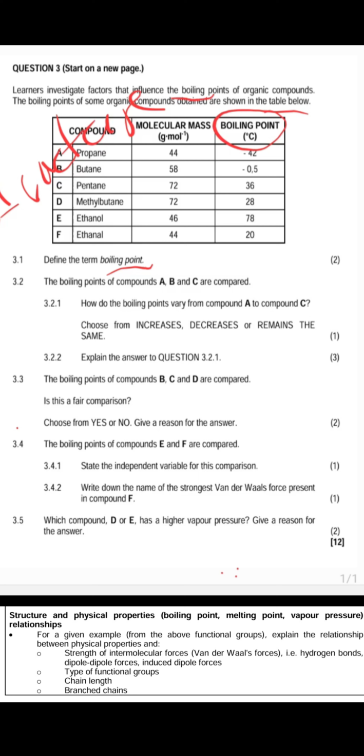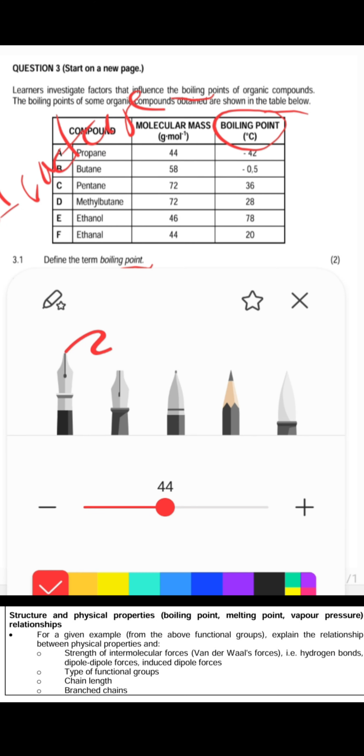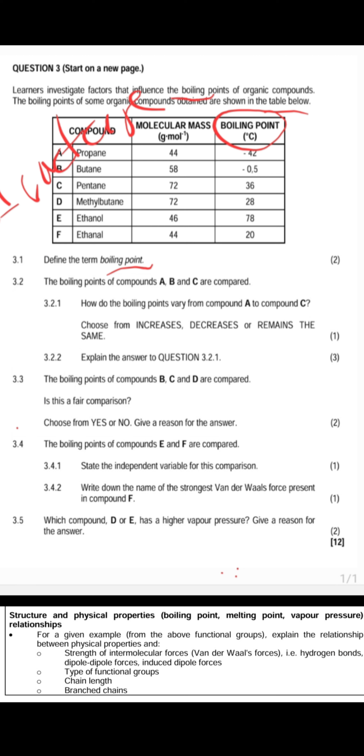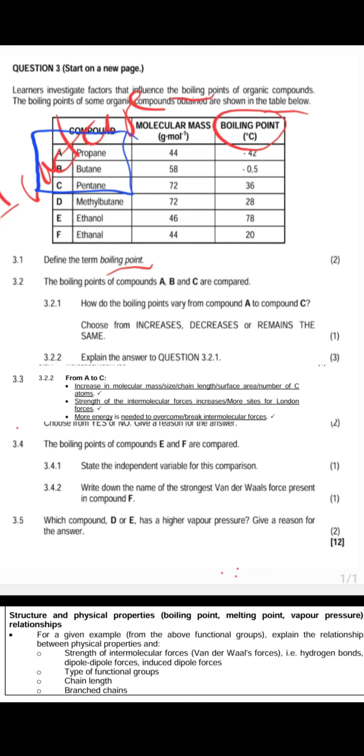Now they say the boiling points of compounds A, B, and C. So we are comparing a few compounds here: propane, butane, pentane. You can see that in actual fact there is an increase in the chain length, an increase in the number of carbons.